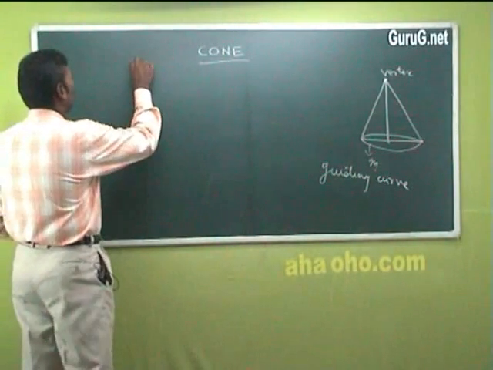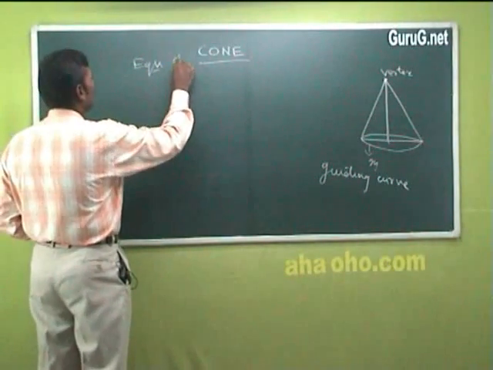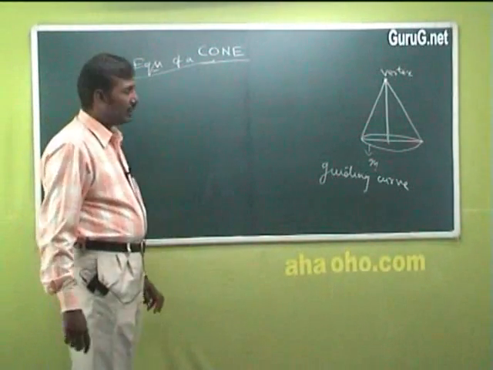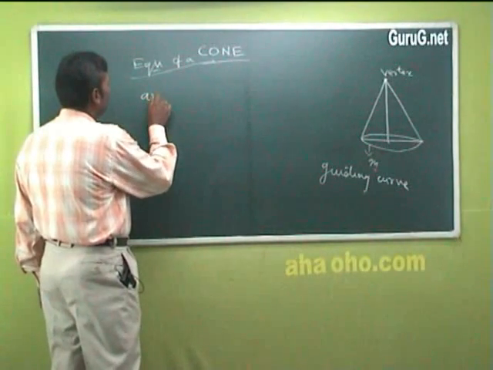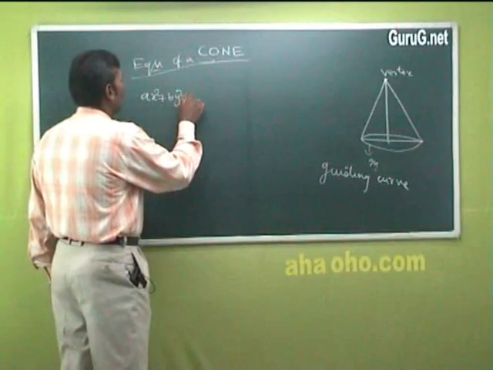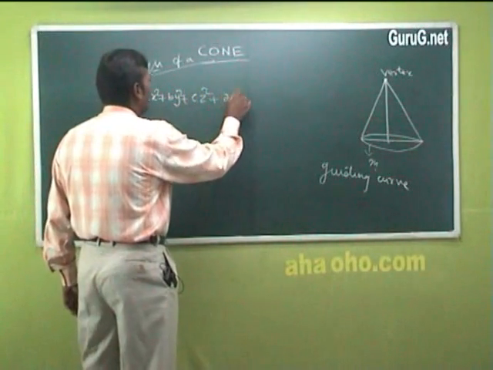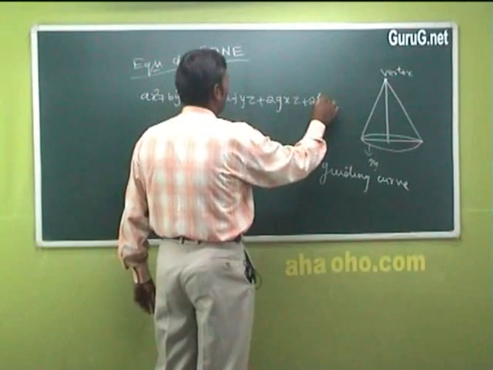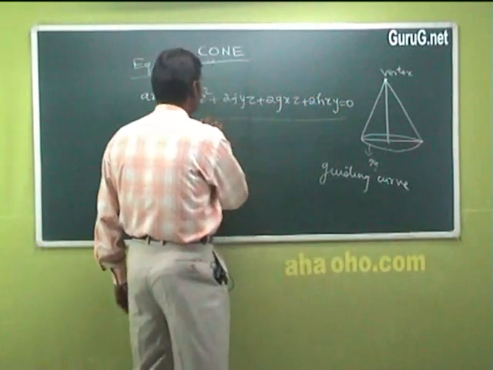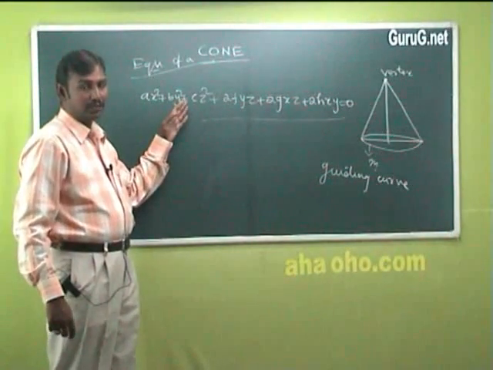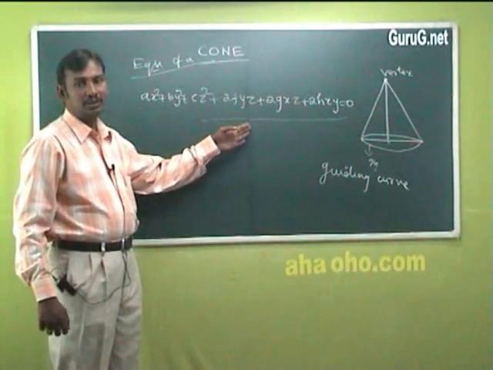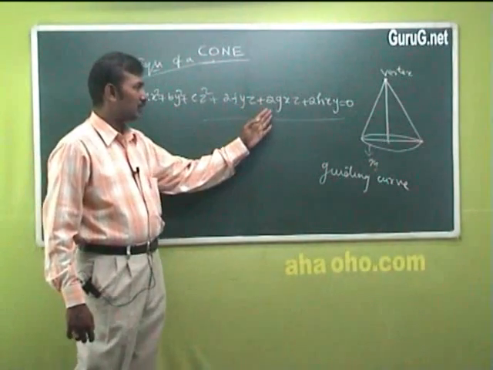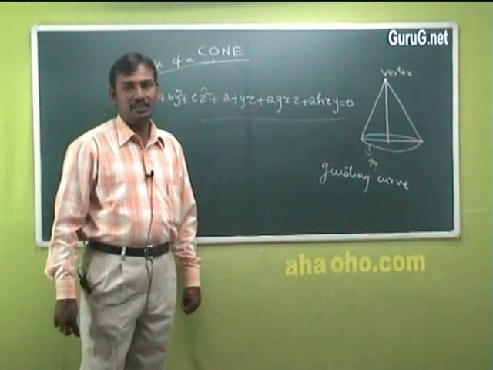The equation of a cone of second degree which passes through the origin is ax square plus by square plus cz square plus 2fyz plus 2gxz plus 2hxy equal to 0.